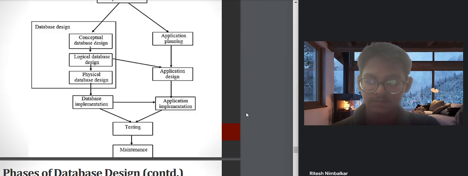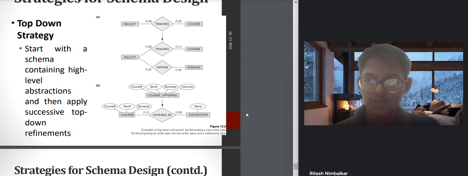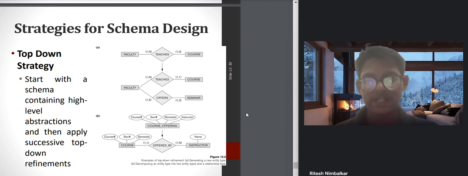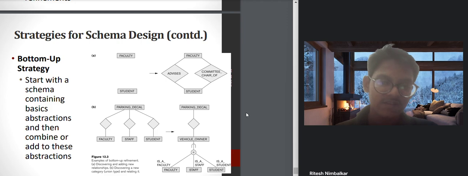Next, we put forth the strategies for the schema design, in which we come upon various diagrams. First is the top-down strategy, where the high-level abstractions are at the top and they go decreasing. The bottom-up strategy is one in which the abstractions are at the bottom and they go increasing upward.